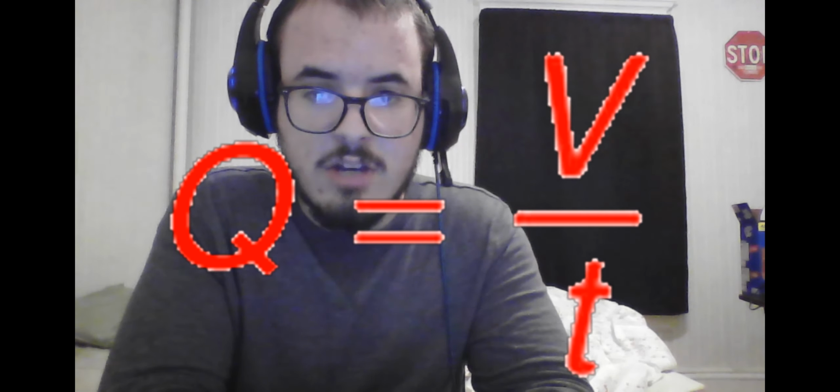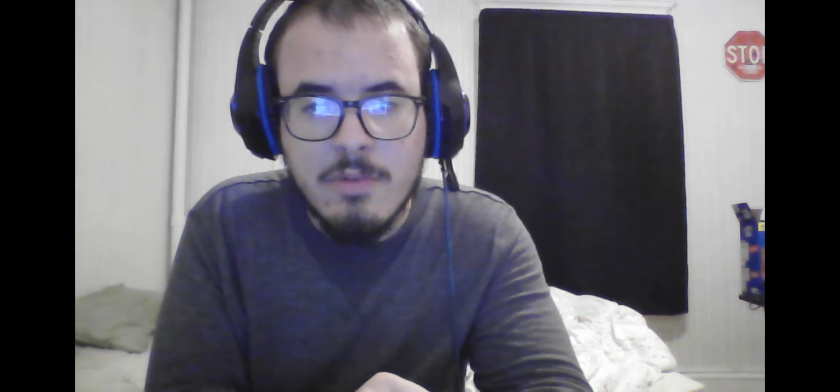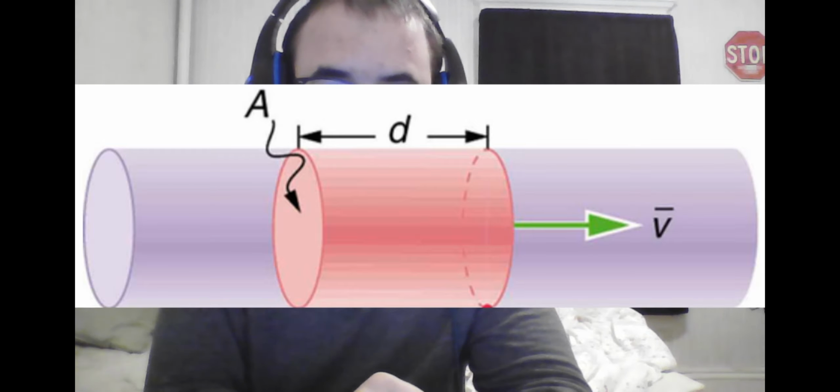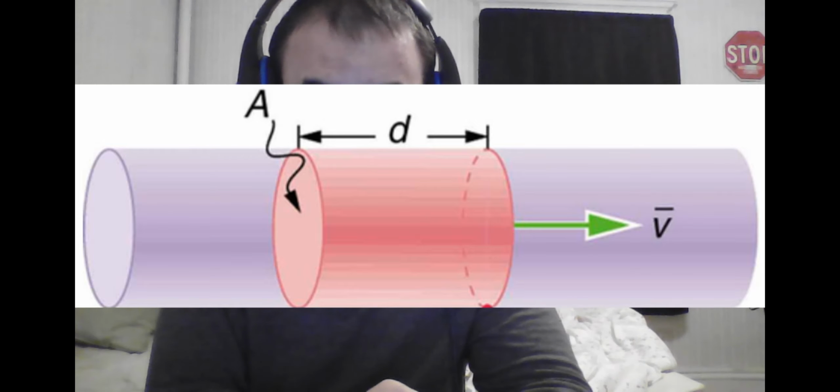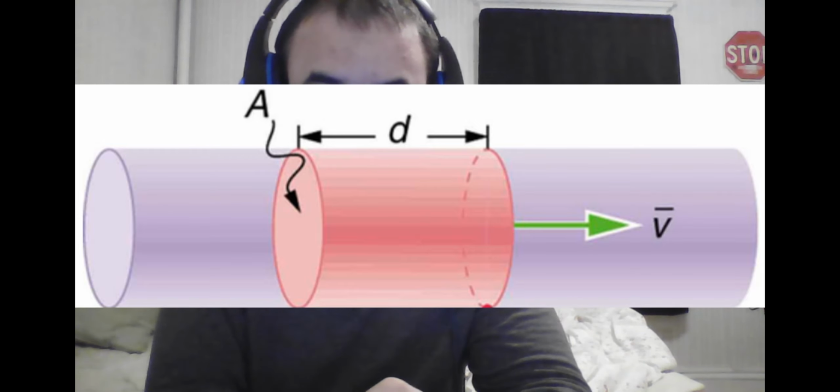Mathematically, this is defined as Q equals volume divided by change in time. Although if we look at it from a geometric perspective, we can see that, provided the volume takes up the entire container it is flowing through, the volume equals the cross-sectional area of the container times the length or distance of it.